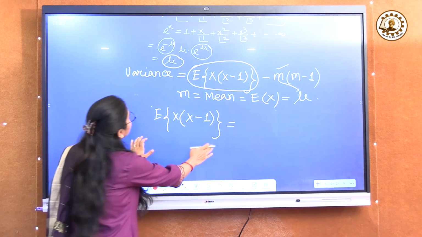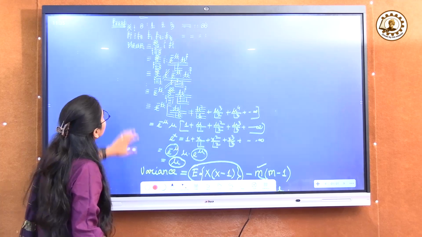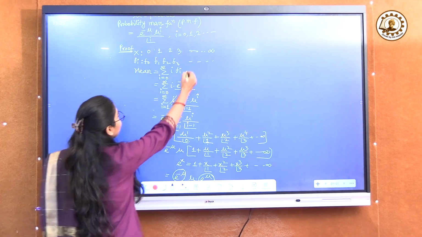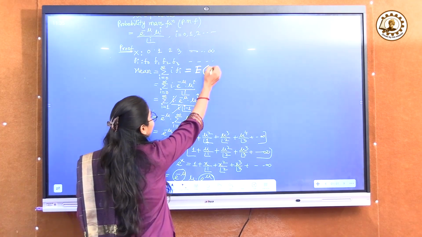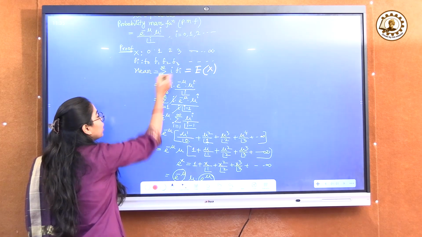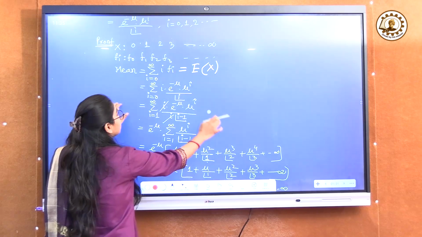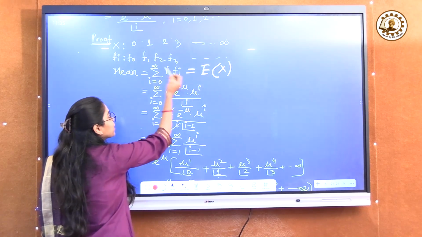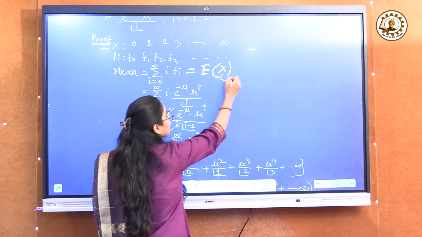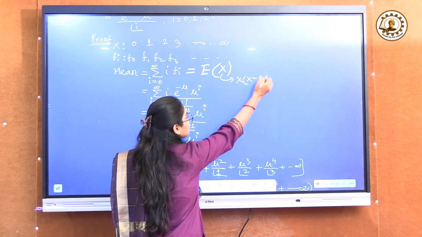Now you can see that mean or expectation of x, the formula will be the sum from i equal to 0 to infinity of i times p_i. If expectation of x is equal to this, then what will be expectation of x into x minus 1?